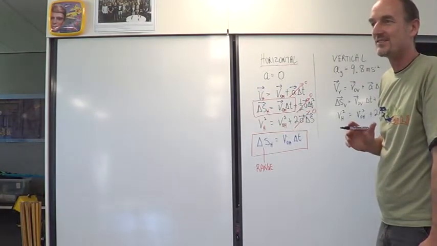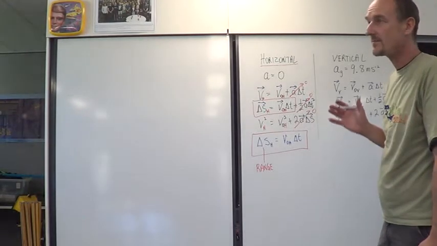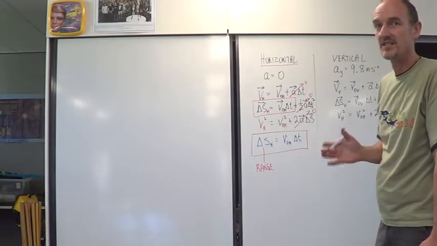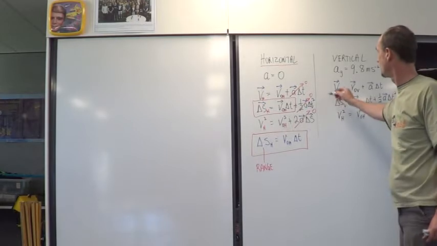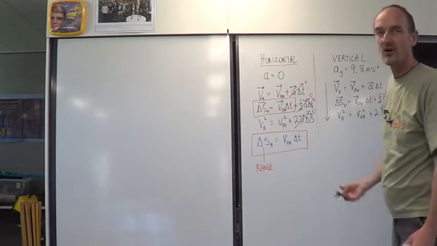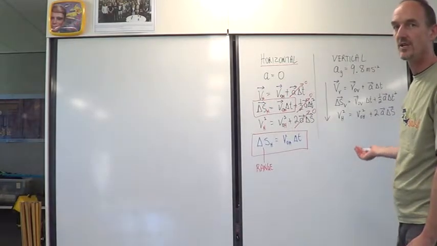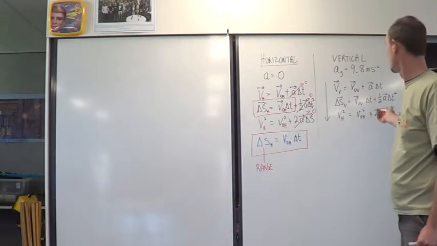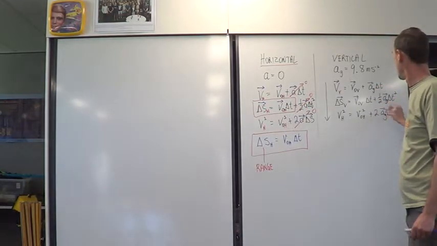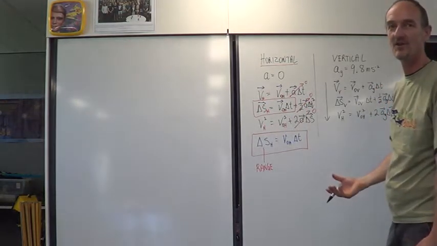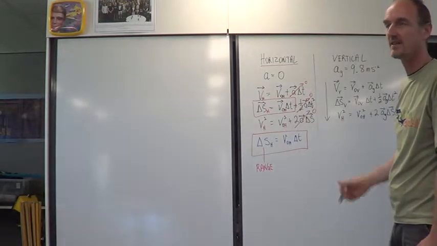All right. So in the vertical motion, we do now have an acceleration that we need to consider. And so all three of the equations of motion now apply. All right? So we would just be substituting the acceleration of gravity of 9.8 meters per second squared into there.